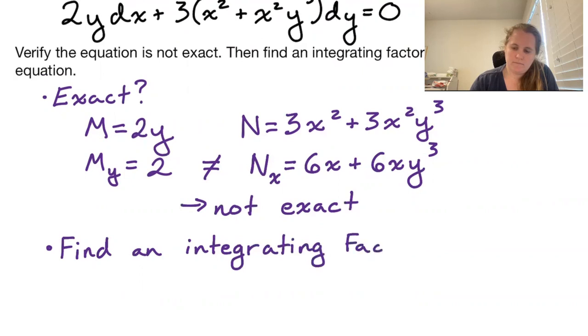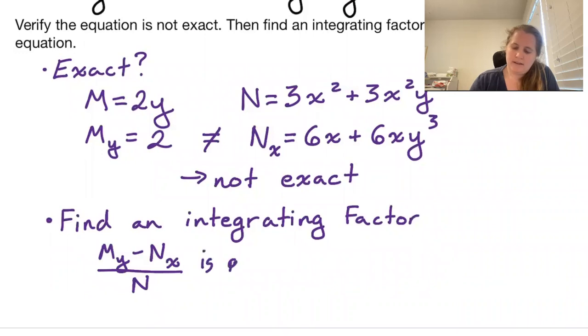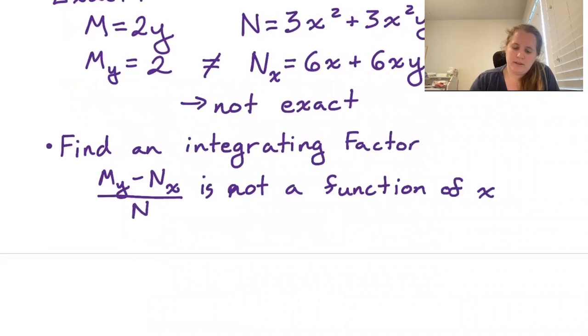I can tell you right off the bat that if we look at My minus Nx over N, it is not a function of x. Similarly, Nx minus My over M is not a function of y.